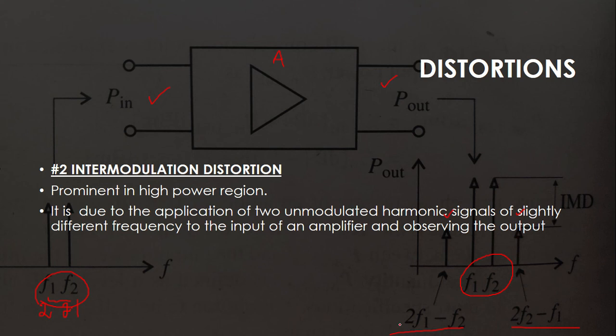This distortion is what we obtain as 2F1 minus F2 and 2F2 minus F1. Now intermodulation distortion is found by the difference of these two signals. This is your required signal, which is F2, and the multiple of F2 we have obtained is this one, 2F2 minus F1. The difference between the F2 signal and the corresponding harmonic is what we call the intermodulation distortion of the amplifier.